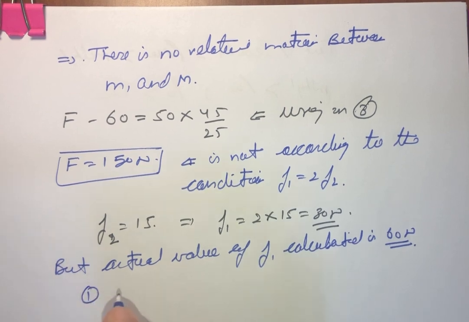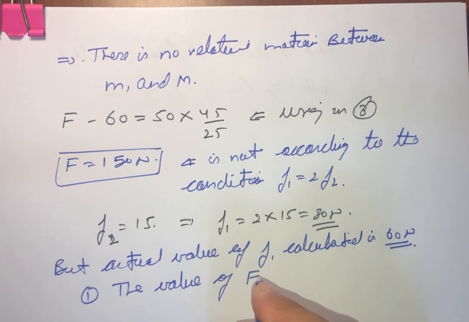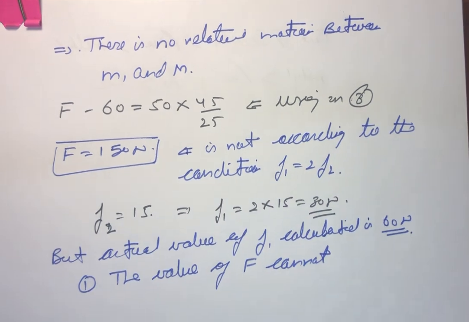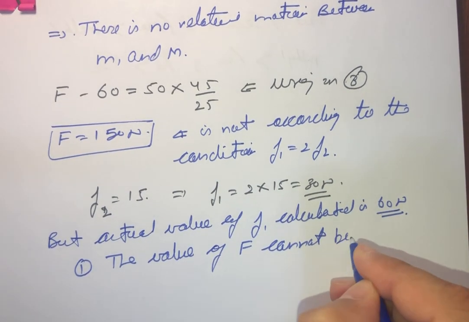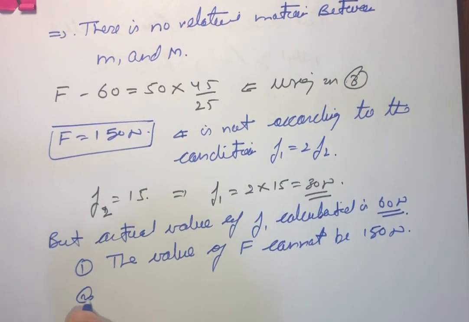First is the value of F cannot be 150 Newton, and second, the value of acceleration A cannot be 45 by 25.